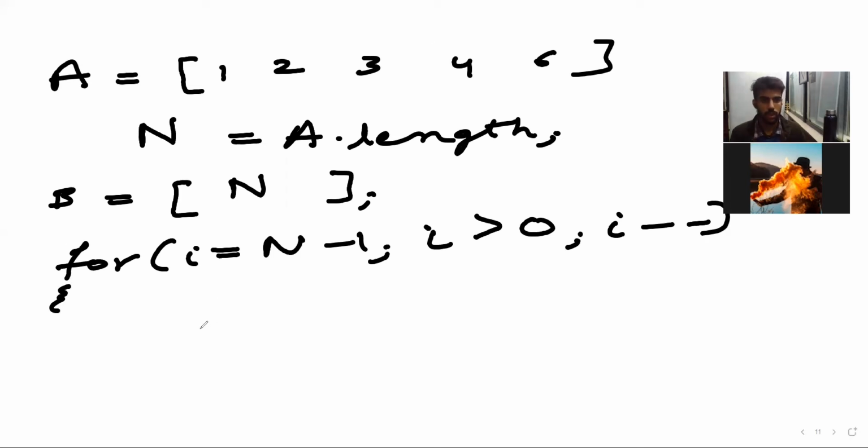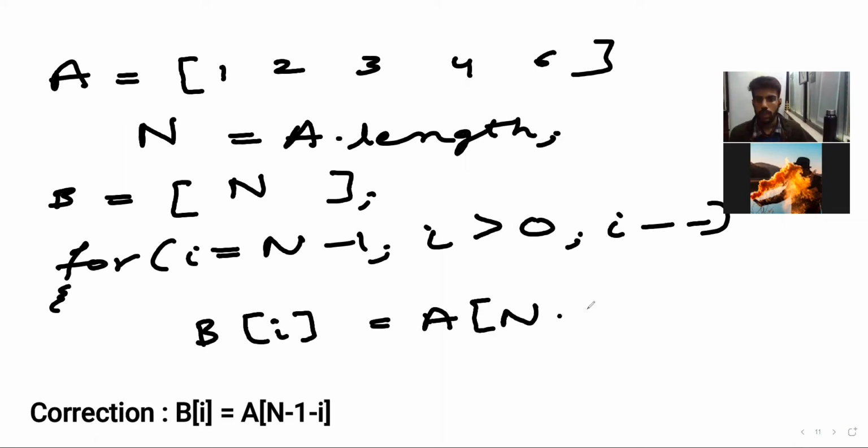You can simply do it: b of i equals a of n minus i. Yes, this would give us the reversed array.